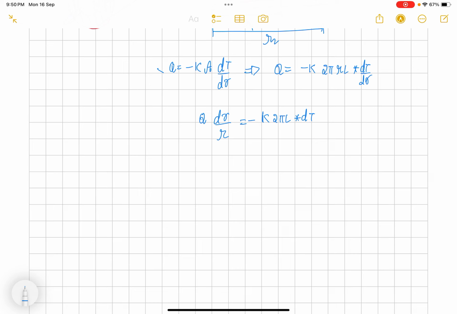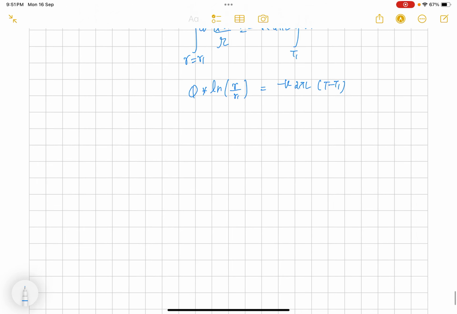K, 2 pi, L all are constant, and integrating from r equal to r1 to r, and from T1 to T, we get Q ln of r by r1 equals minus K 2 pi L times T minus T1. Call it equation 1.